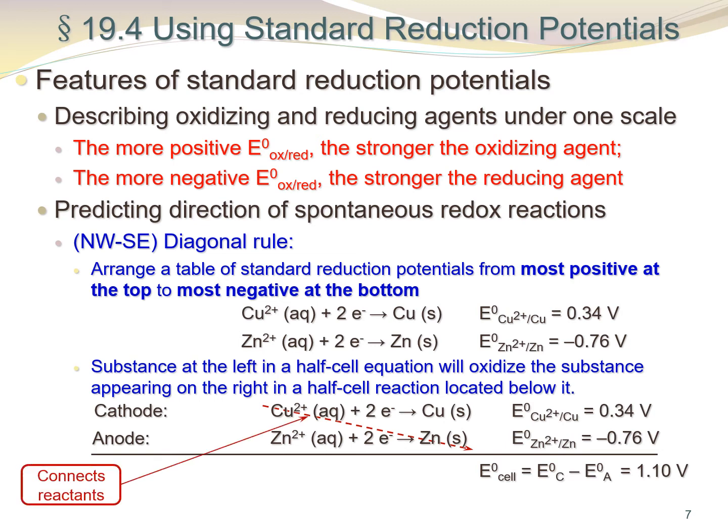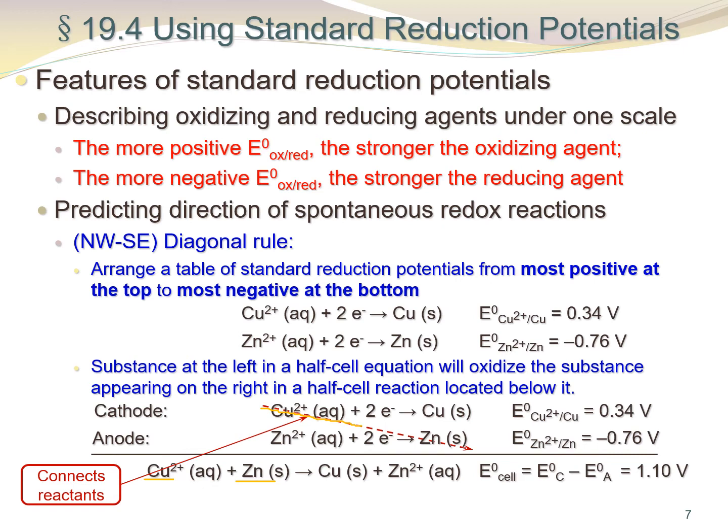And finally, I just want you to understand this diagonal line indicates the two reactants of the reaction. We've got copper 2 plus and zinc, indicated by, of course, this diagonal line. So this diagonal line tells us what the two reactants are for this reaction to take place.